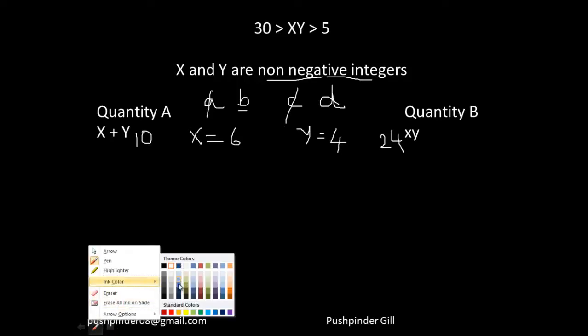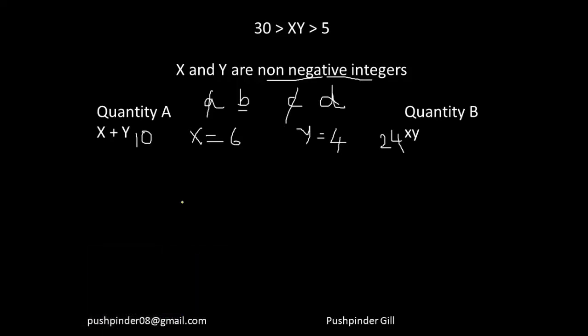Now what should I be doing? I should be trying to look for A greater than B or A equal to B. If I have to make sure that x plus y is greater than xy, I should pick some small numbers. Now let's see what we can do here. What if I say x is equal to 6 and y is equal to 1?